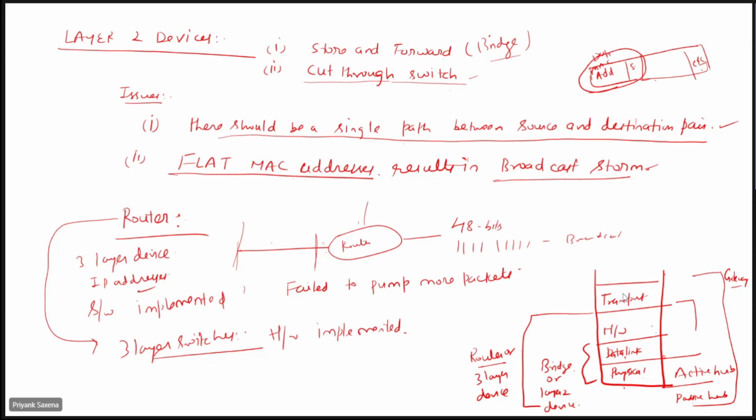So that is a disadvantage of the cut through switch. Though it improves the throughput, it is faster, it can forward more frames at a time as compared to the store and forward operation of the layer 2 device. But there is a possibility that it can also forward the bad frames in the network, right?